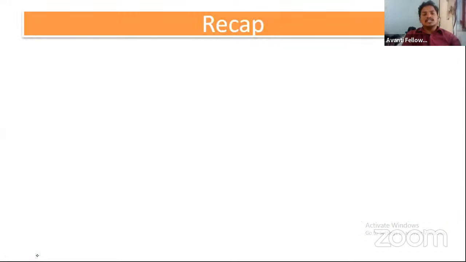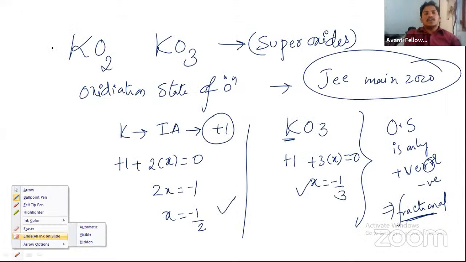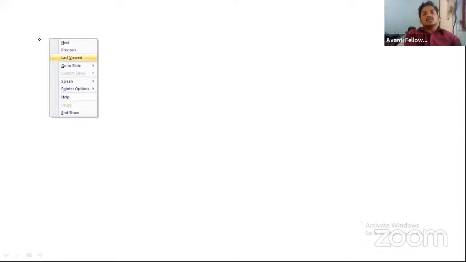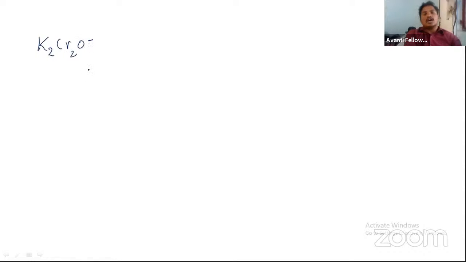Now the question is, if I am asking you K2Cr2O7, I want the oxidation state of chromium. How many of you can find this one? Please do tell me in the chat box.